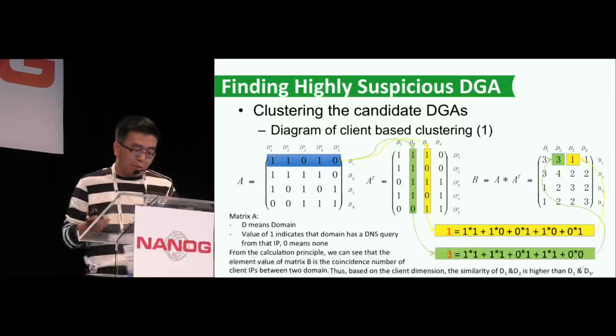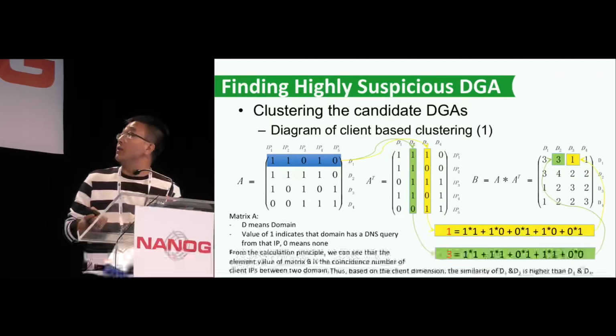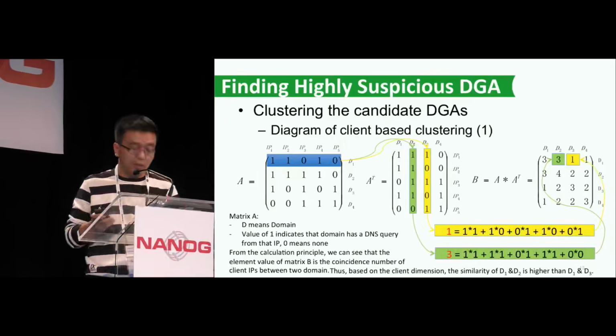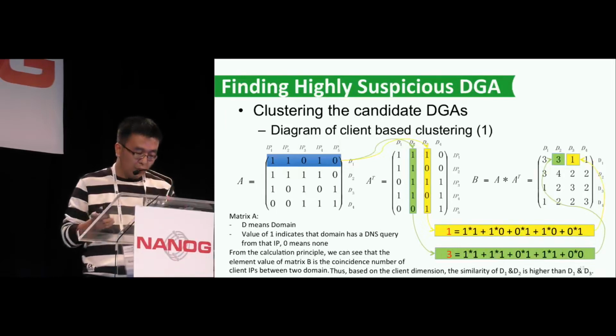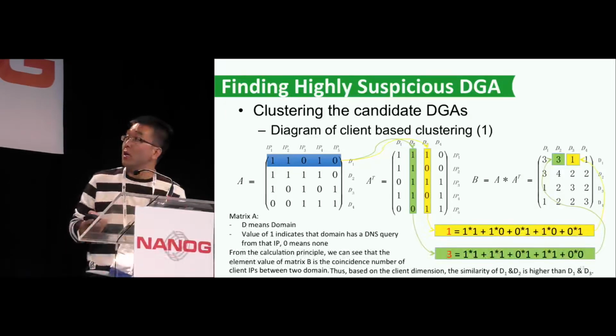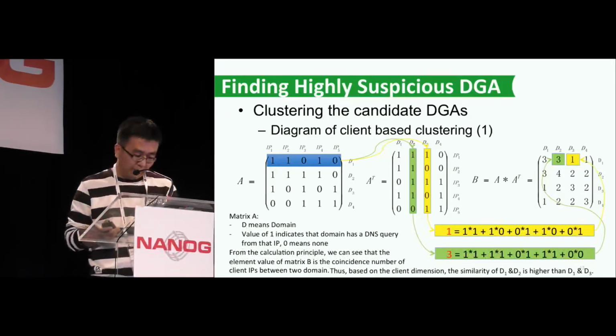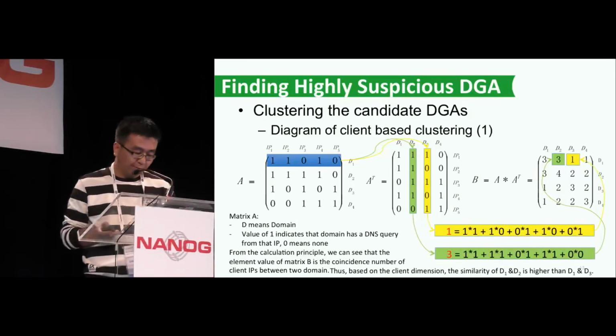This is a diagram of client-based clustering. In matrix A, D means domain, and IP means client IP. Value 1 indicates the domain has a DNS query from the corresponding IP. 0 means no query.